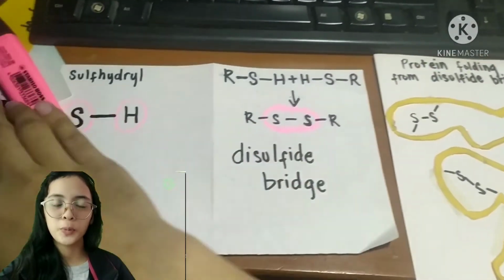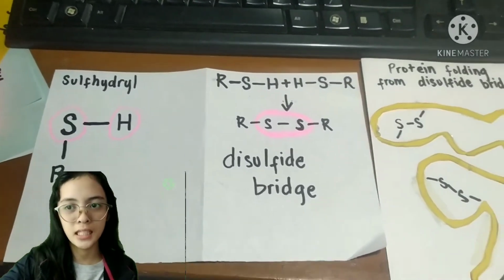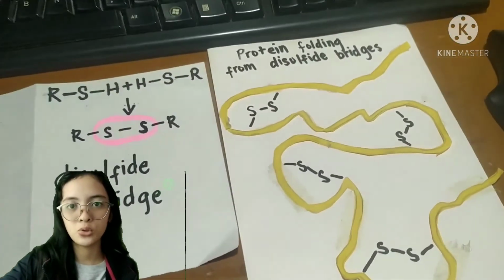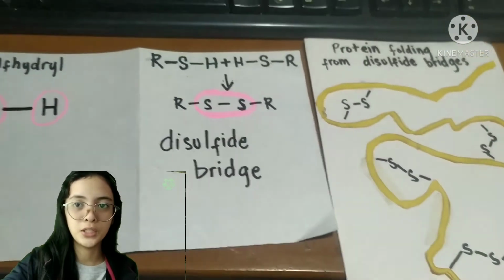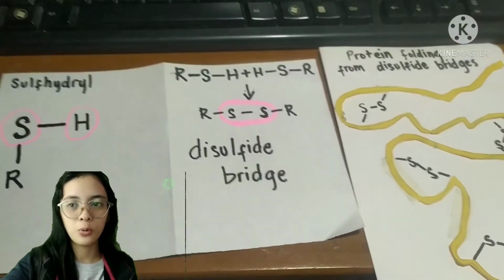Sulfhydryl groups can be found in the amino acid cysteine. When 2 cysteine residues are in close proximity to each other, they can form a disulfide bridge, a post-translational modification.